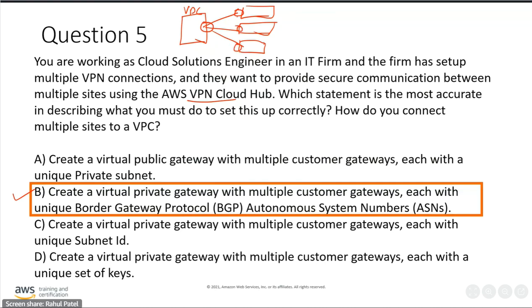And each will have a unique BGP autonomous system number. So when we have AWS VPN CloudHub, a virtual private gateway with multiple customer gateways is the solution that we can find here. So B is the option here.